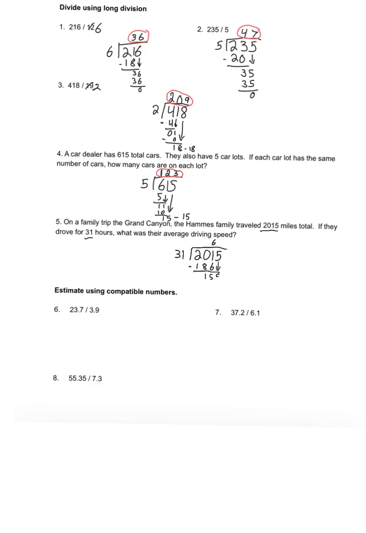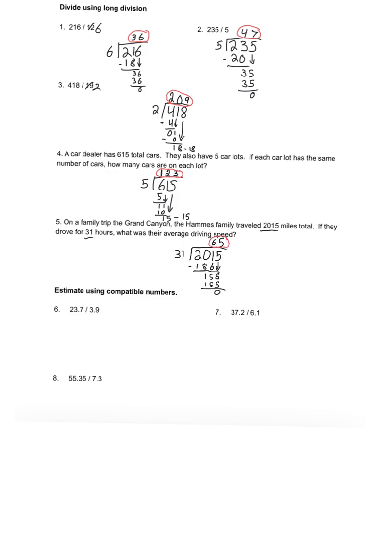You bring your 5 down for 155. 31 will go into 155, a nice number, 5 times. Sorry, bad 5. And that'll be 155, so no remainder. And your answer will be 65.